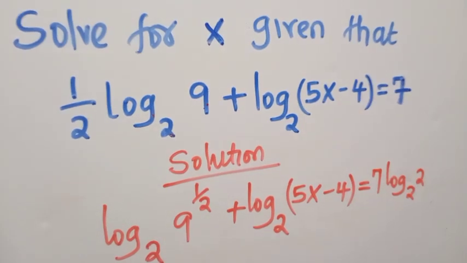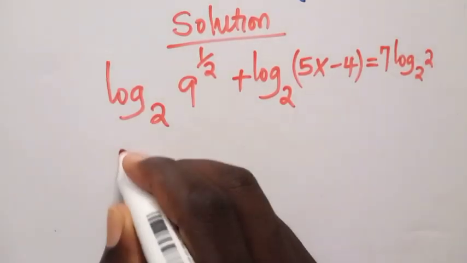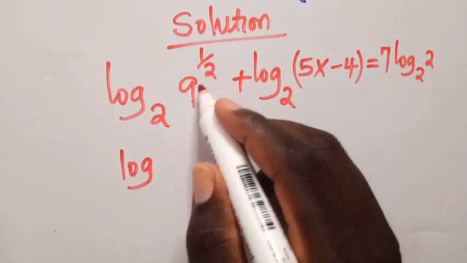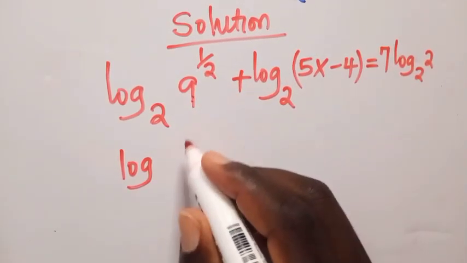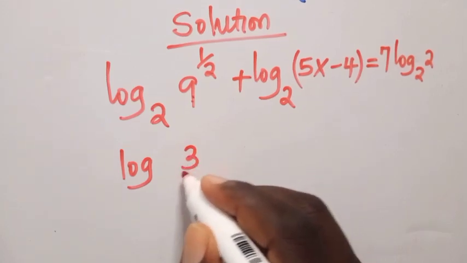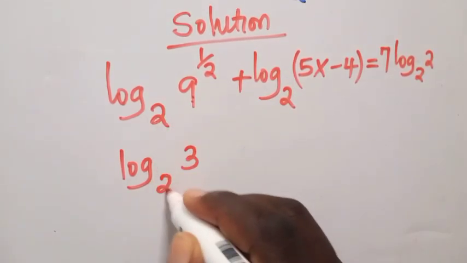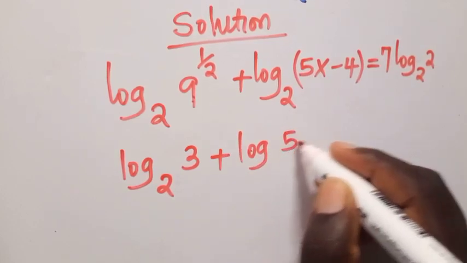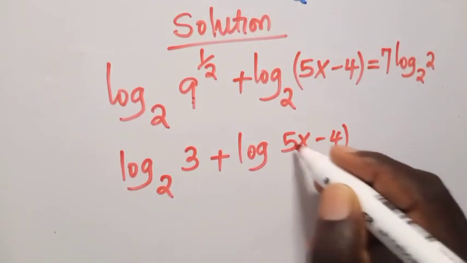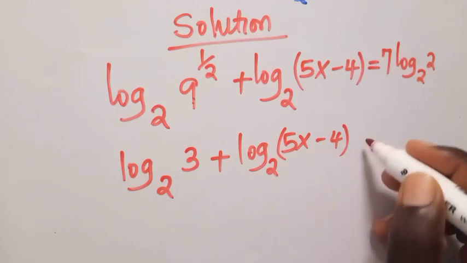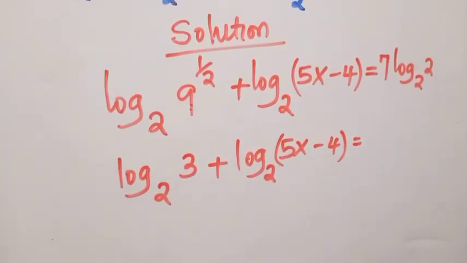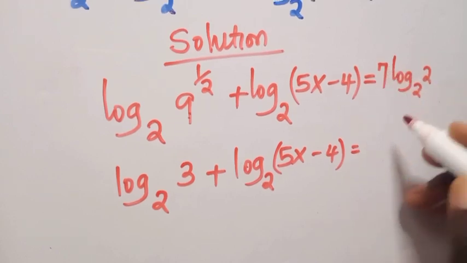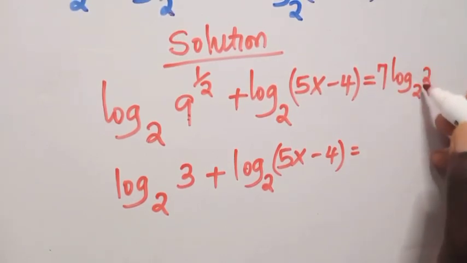And therefore, we shall have the logarithm of 9 raised to a half, which is just the same as the square root of 9, and the square root of 9 is 3. Then we have this base, which is 2. Then plus the logarithm of (5x minus 4) to base 2, equals, from the laws of logarithms, we can remove this 7 so that it becomes a power of 2.